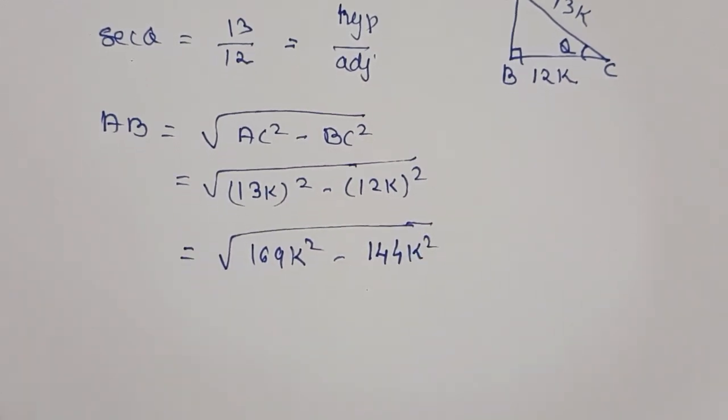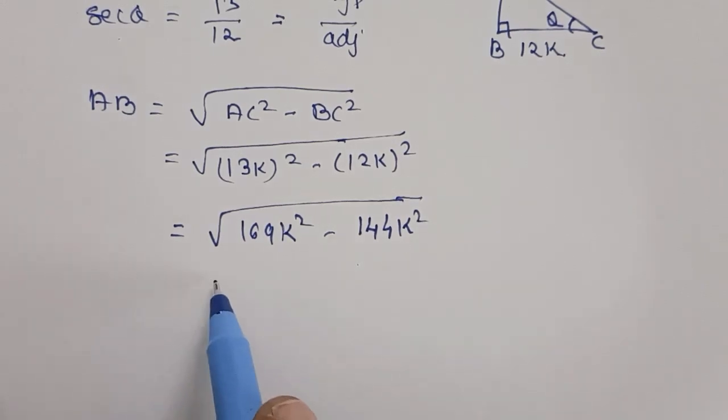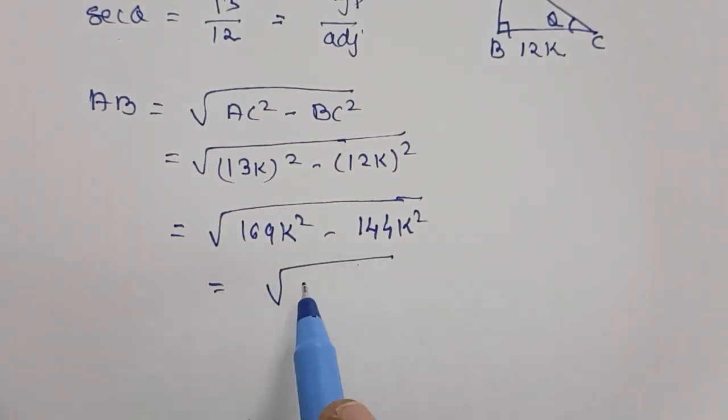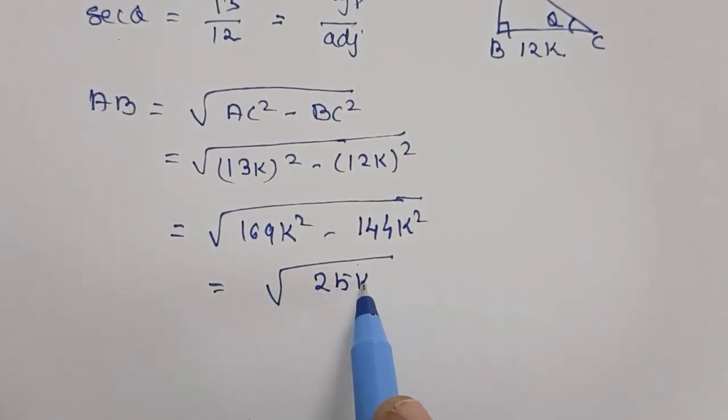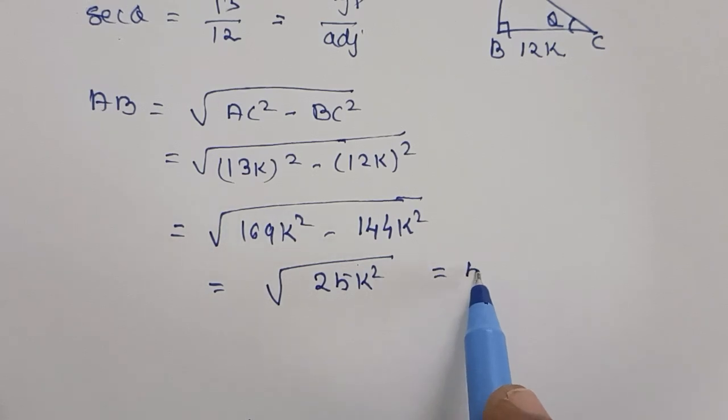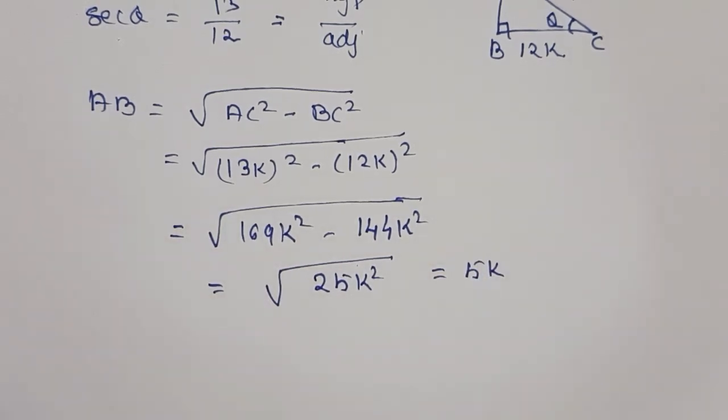Subtracting 169 minus 144, that is equal to 25k square. After taking square root, we get it is equal to 5k.